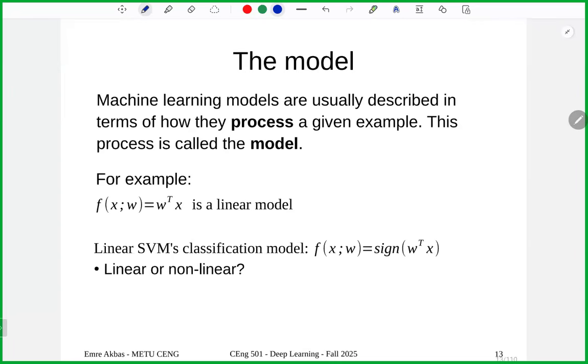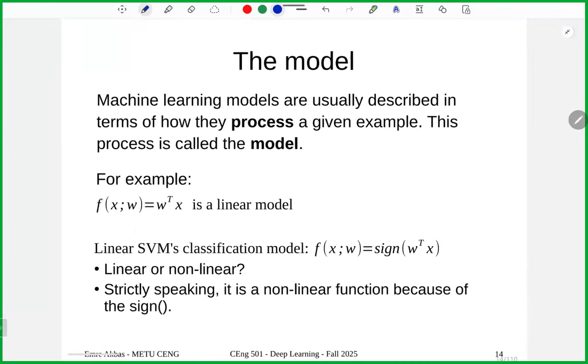We call it a linear model, but strictly speaking, it's a nonlinear model because of the sign, right? But we call it a linear model because this is the part that processes the input. But strictly, if you look at this function, it's nonlinear because of the sign.